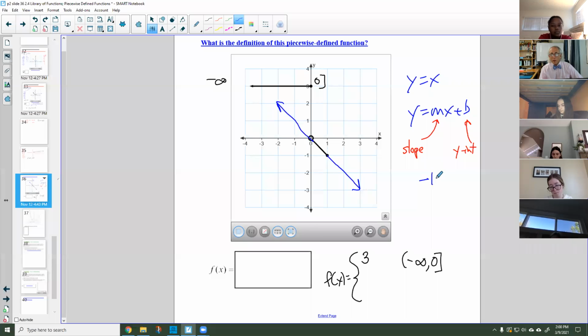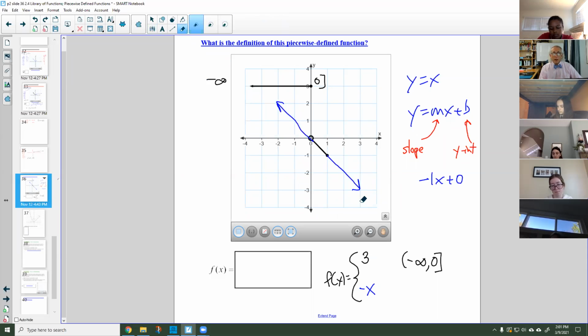Okay, so that's my slope, -1x plus, and I'm going to ask somebody else here. Clark, what's the y-intercept on that blue function that I drew here? 0. It is 0. So -1x plus 0. I'm going to just rewrite that as -x.